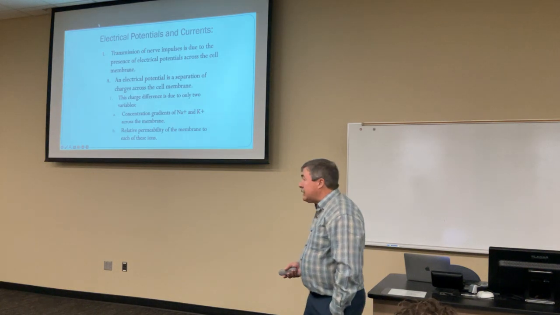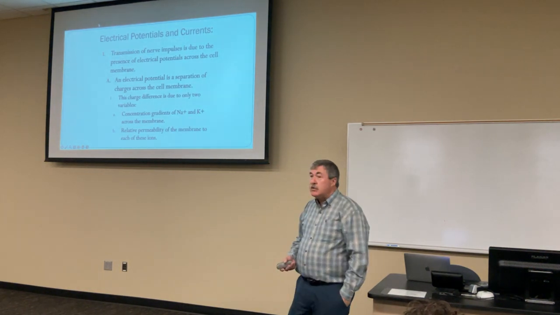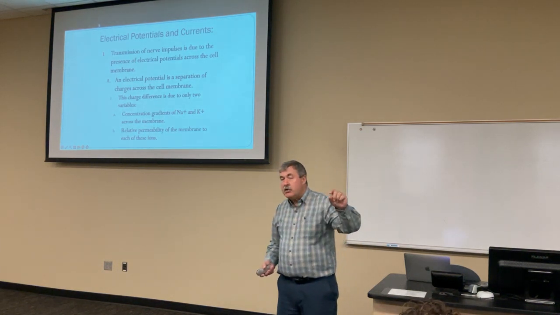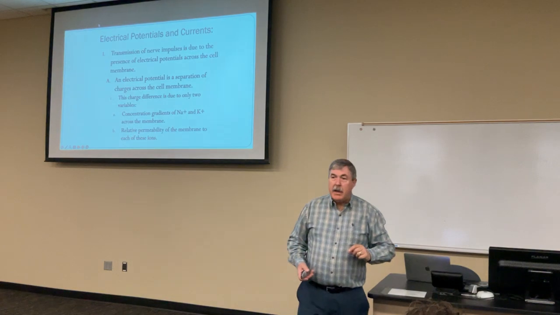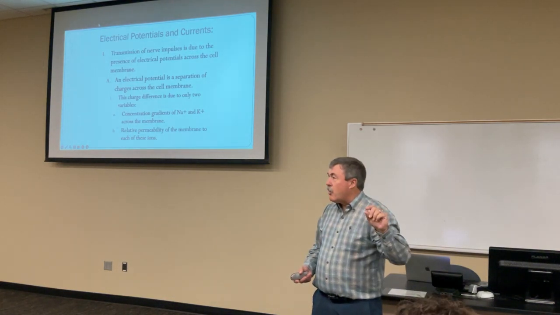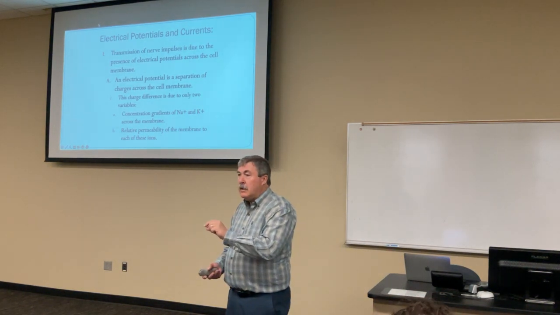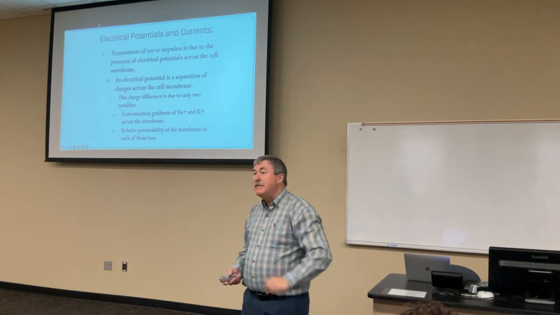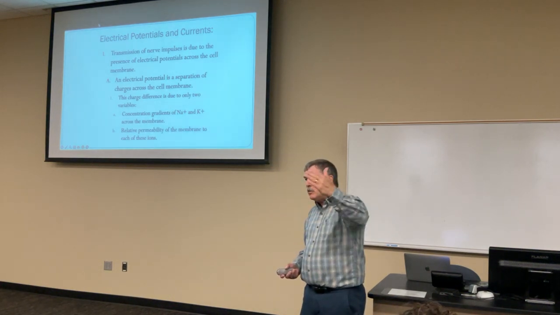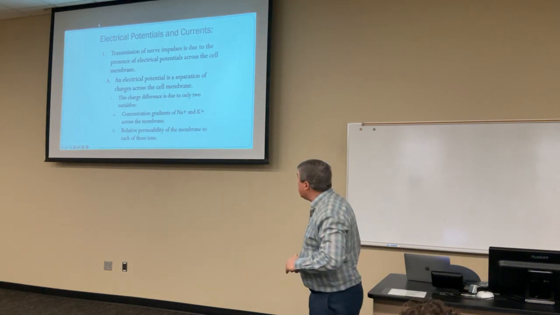An electrical potential is a separation of charges across the cell membrane. So the charges that are outside of the membrane tend to be more positively charged. And on the inside of the membrane of the axon, there's an excess of negative charges. And so that difference in the two types of charges is called electrical potential.